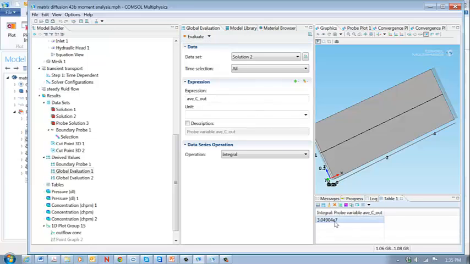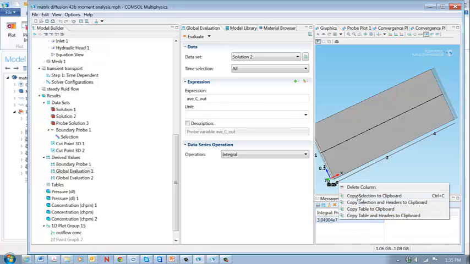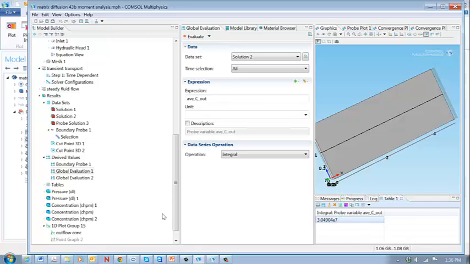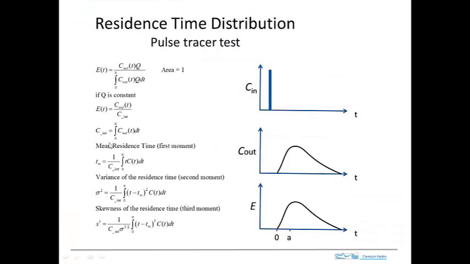There's the result. Okay, so that's the integral of C out. So I'll copy that. Now to calculate the first moment, it's the outflow concentration times t divided by that integral that I just calculated. It's this one right here.